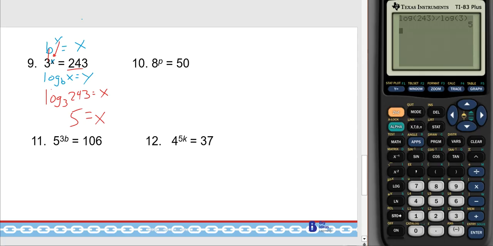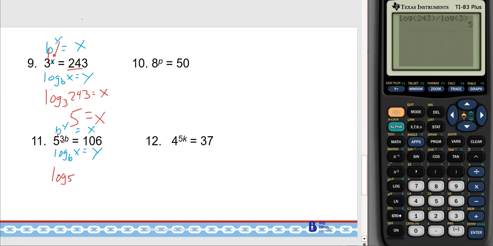For 11 and 12, there is an extra step because my exponent here is a 3b, not just a single variable. But we're going to start the same way. We're going to, right, b to the y power equals x, and then log base b of x equals y. And then I'm going to sub in. So b, which I see right here, is 5.